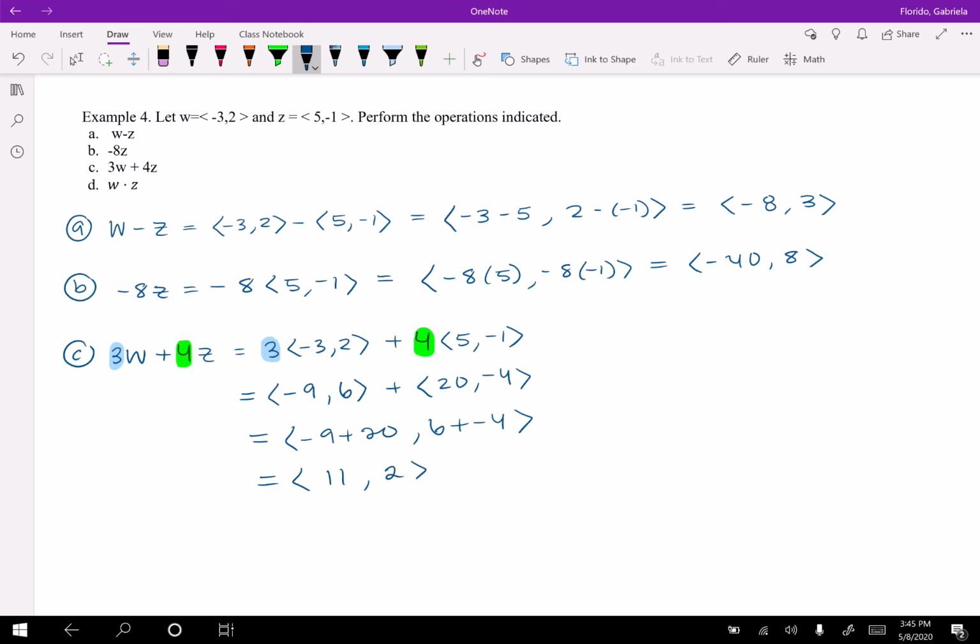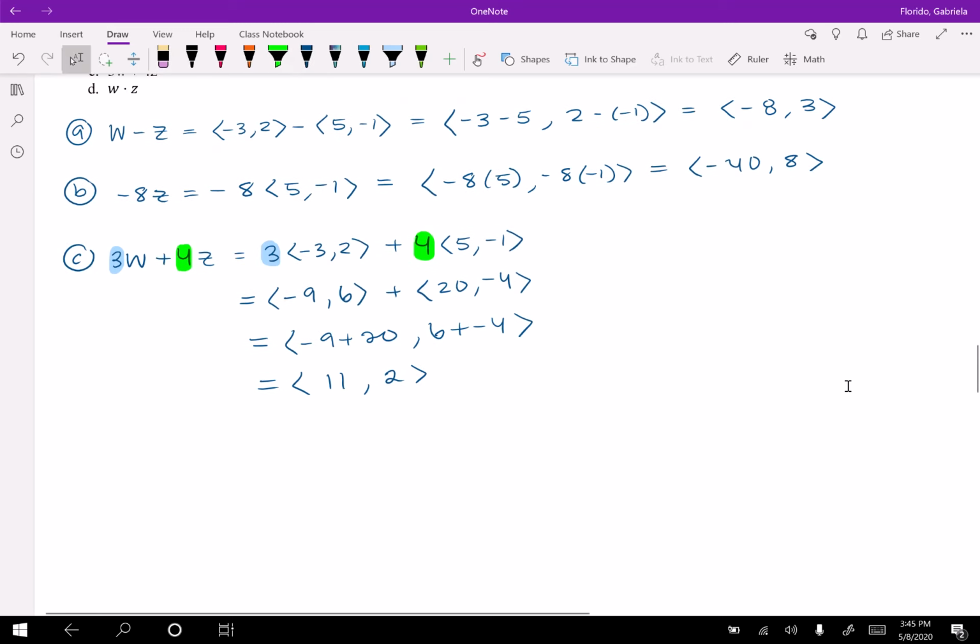Let's talk about D. Here we actually want to calculate the dot product of vector W and vector Z. So we want to take the dot product of vector W, which is <-3, 2>, with the vector <5, -1>.